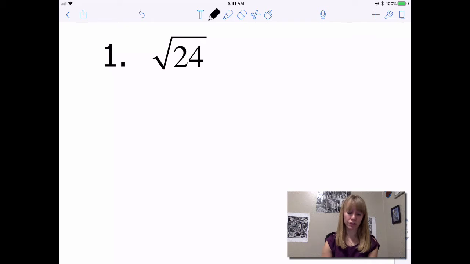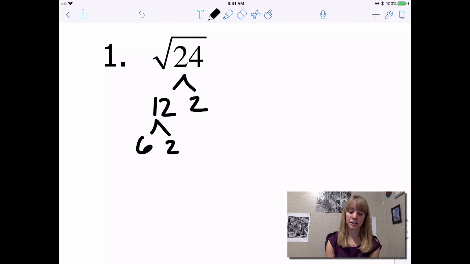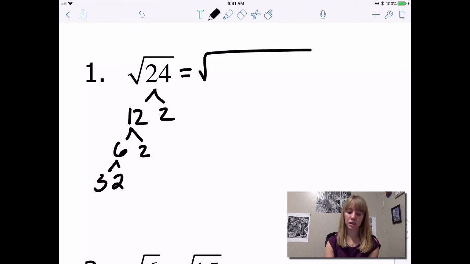I've got the square root of 24. Notice this is exactly the same problem we did before. I want you to break this up all the way down to its prime factors. So we did before 12 and 2, 6 and 2, 3 and 2, and let's rewrite this under my square root as 2 times 2 times 2 times 3.